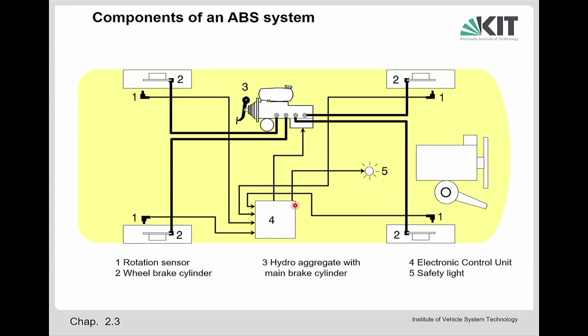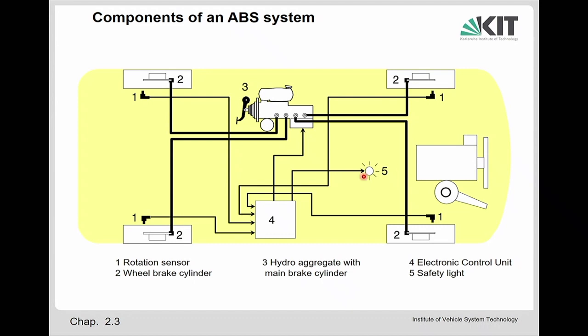And there's also a control light, number 5, which indicates that the ABS system is operating. So this is information for the driver. It tells the driver, obviously you are in a critical situation. The braking system tries hard to realize the best braking, so please pay attention. That's the reason that the driver has a control light, which gives them some feedback.